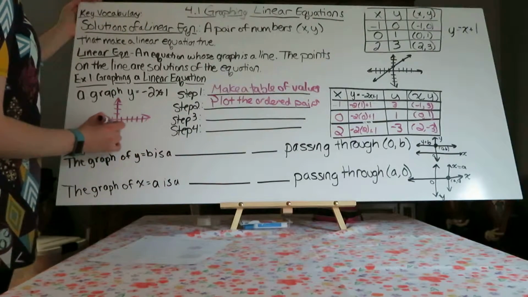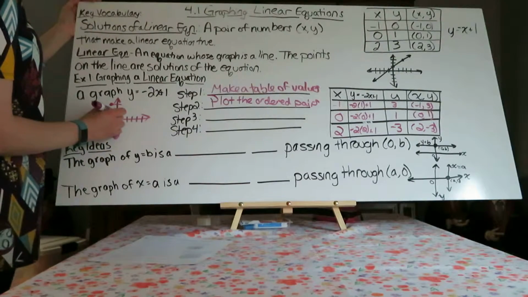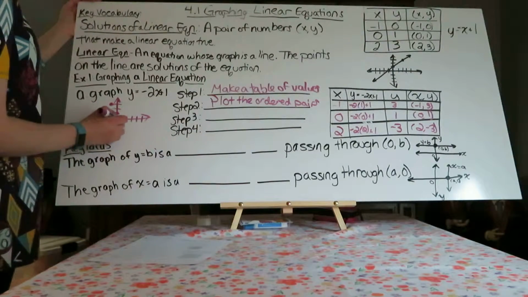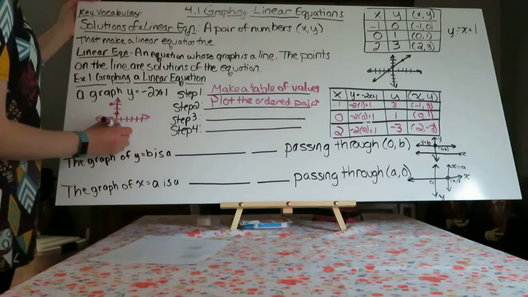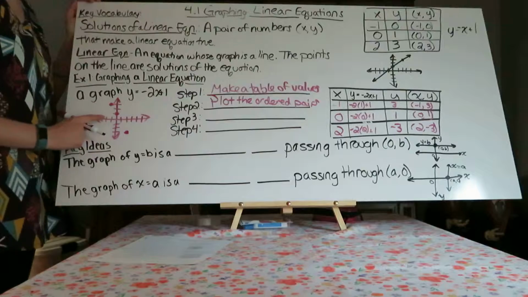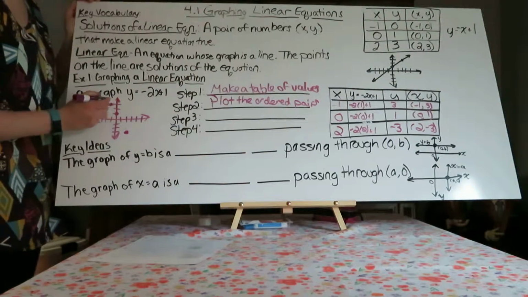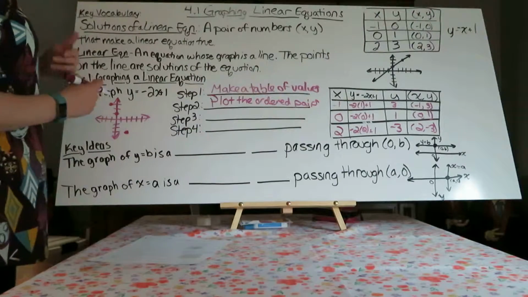So (-1, 3) is our first point. We have (0, 1), and then we have (2, -3). In case you guys forgot, the x's tell you to go left or right, the y's tell you to go up or down. So your first value is left or right, your second value is up or down. So I plotted the ordered pairs.